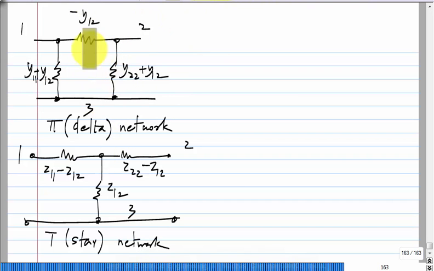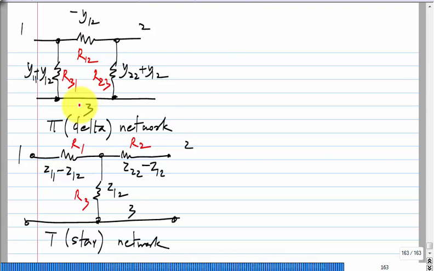By the way, these Y's are the conductances and these Z's are the resistances. Let's say these resistances are labeled RA, RB, RC in the delta case, and R1, R2, R3, or maybe let me change the notation here. Let me call this R12, meaning it's connected between 1 and 2. This is R31 and R23.